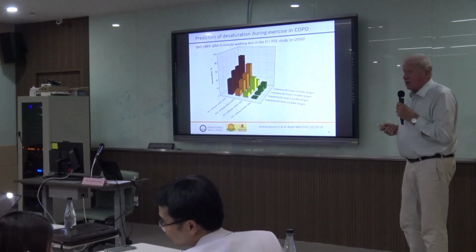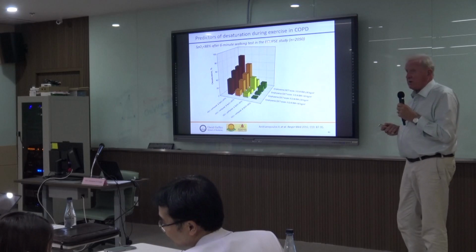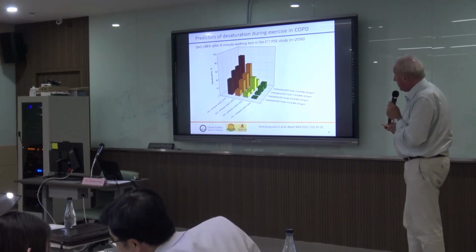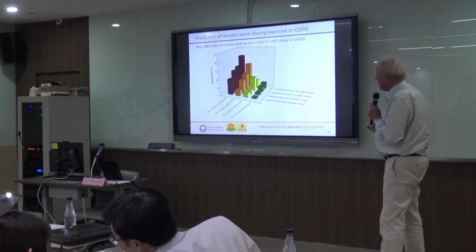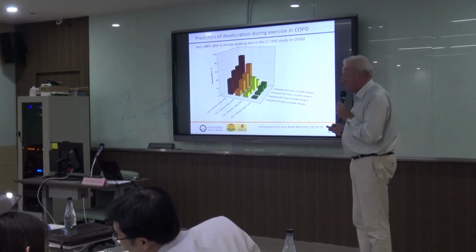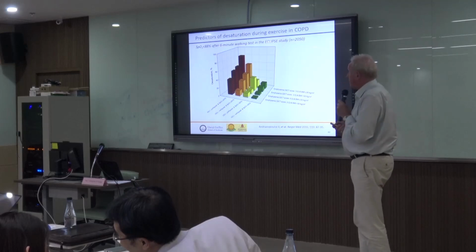Now, we should be concerned about oxygenation when we do cardiopulmonary exercise testing in patients with COPD, and in fact, we might want to know who's going to desaturate when they exercise.